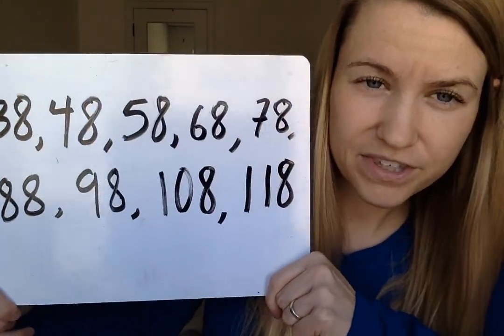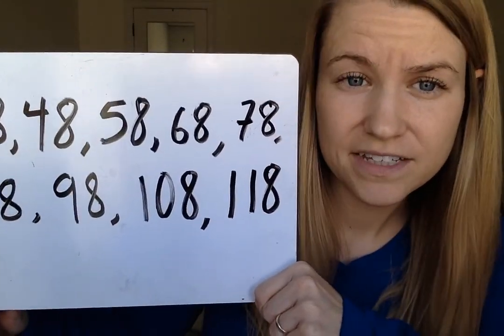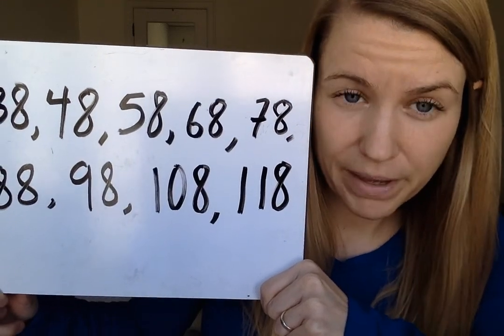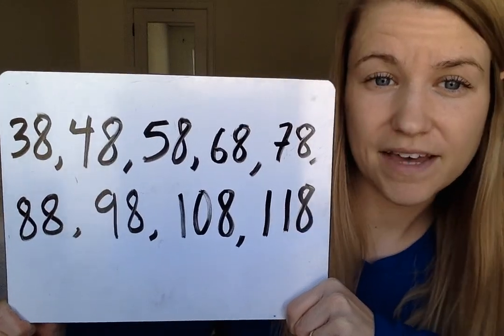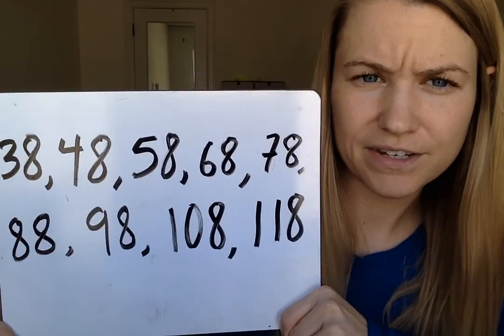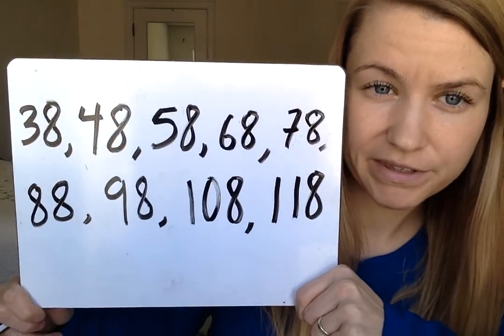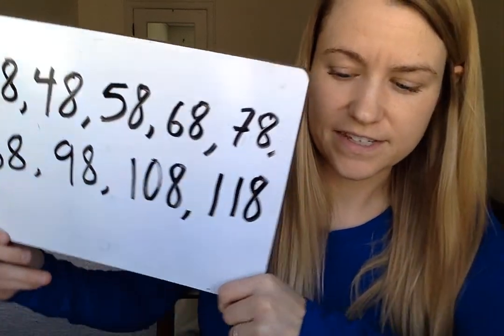But if you see the pattern here, we are still doing a pattern of 10, even though we started at 38. You can still make that pattern happen, even if it's not a multiple of 10 that you're starting with. 38, 48, 58, 68. Let's try again. What if I said, start with the number 17? So let's put 17.